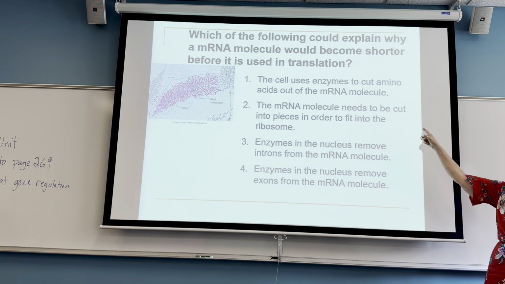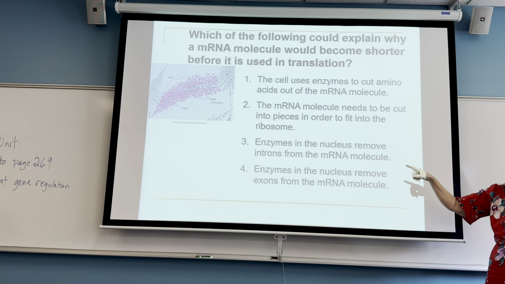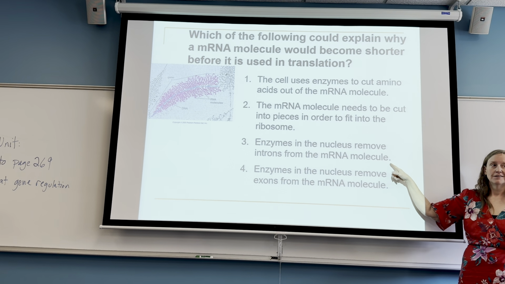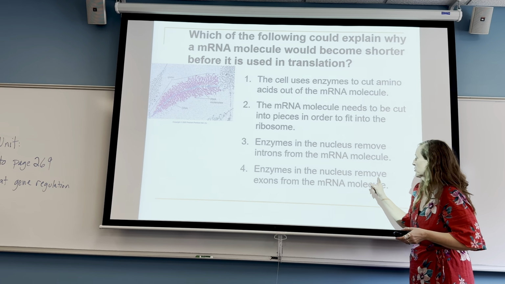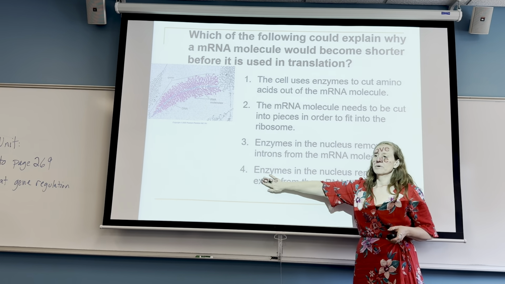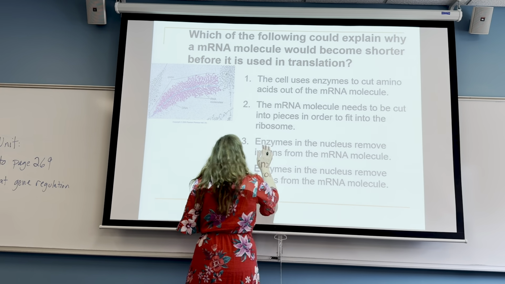The mRNA molecule needs to be cut into pieces in order to fit into the ribosome. I didn't say anything about that. Enzymes in the nucleus remove introns from the mRNA molecule. Yeah, they're removing the introns. Enzymes in the nucleus remove the exons. No, we want to keep the exons. We remove the introns. So number 3 is correct.